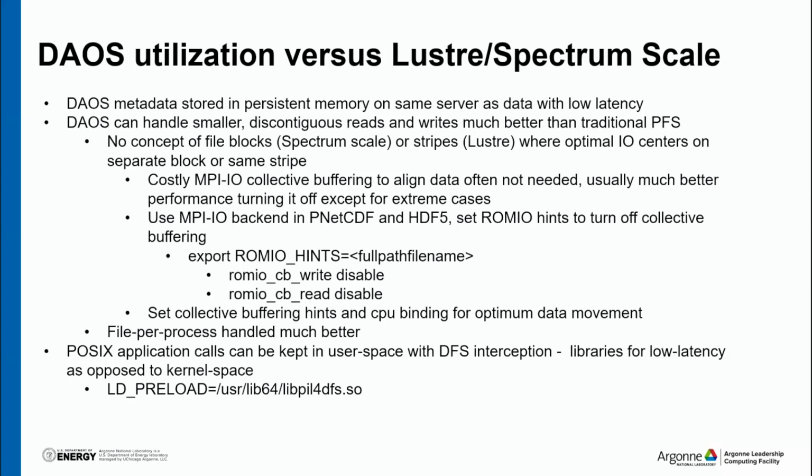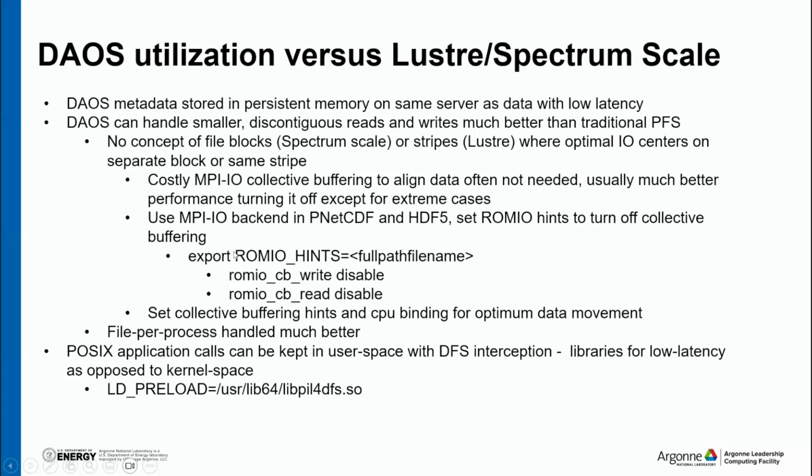There is a point at which you still need to do that if your data is discontiguous enough and with small enough writes. But in many cases, the first thing you should do is just turn off the collective buffering if you're using MPIO and see what the performance is, and then you can turn it back on. And basically I just listed in here how you do that.